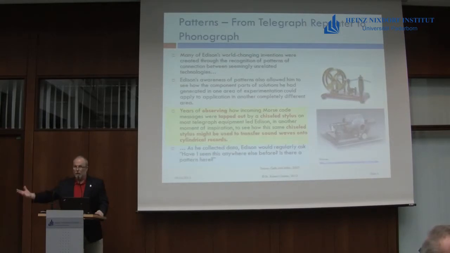If I fast forward many years and look at Thomas Edison, he used to look for patterns. He would look at something and say, where have I seen this before? The phonograph needle came to him as an idea from the teletype, from the telegraph. So he said, okay, how could I use that in other applications?